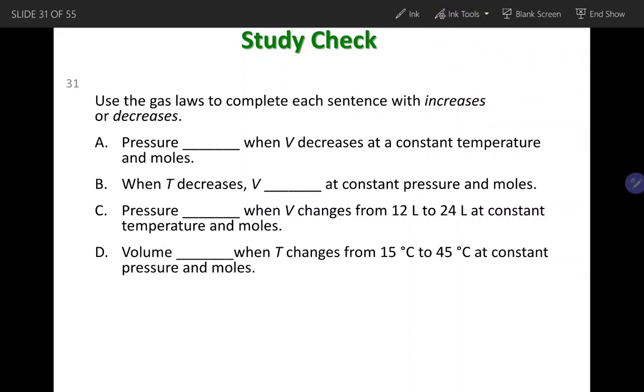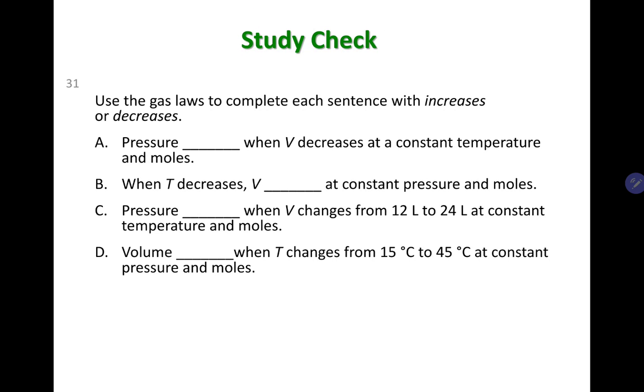In C, what you have is once again a Boyle's law application, because the temperature and moles are constant. According to Boyle's law, pressure and volume are inversely proportional. So volume is increasing, so pressure should decrease. And in D, you again use Charles' law, because constant pressure and moles applies to Charles' law. Temperature and volume are proportional, so if temperature increases, volume should also increase.